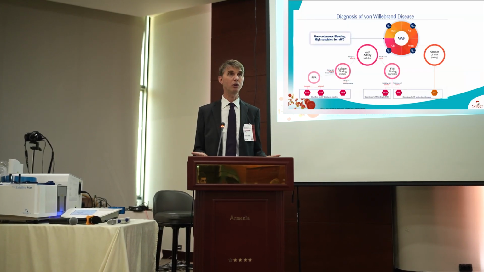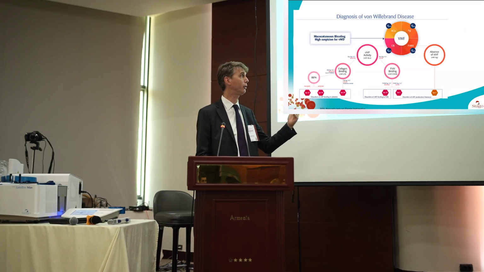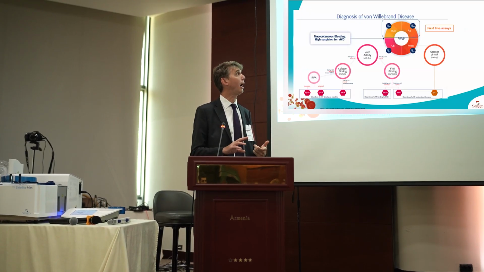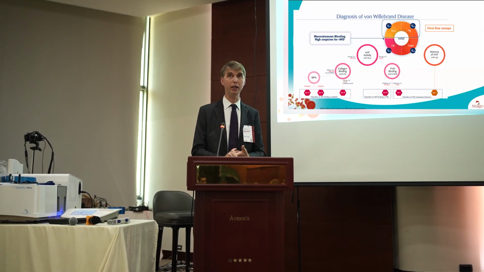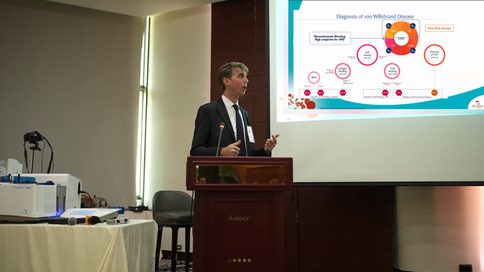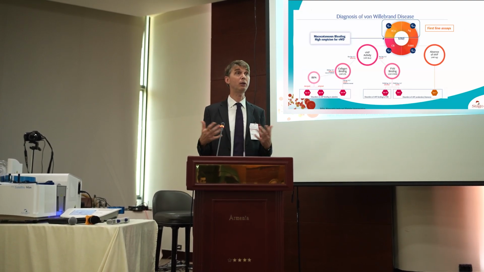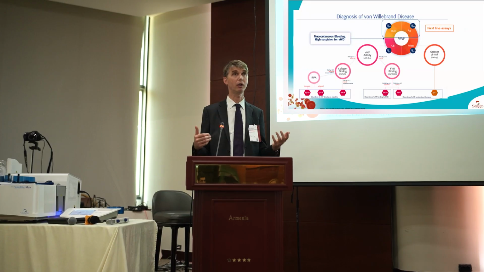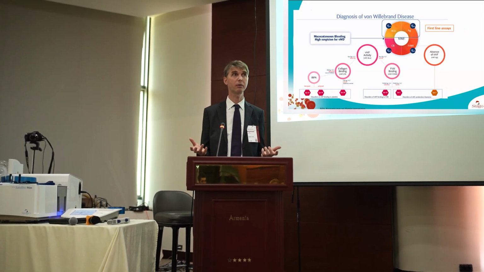To diagnose the von Willebrand disease, you first have to make first-line tests, which are activity tests, RCO, ristocetin cofactor, and antigen, Ag. Activity, RCO, will tell you if it works well. Antigen will give you the quantity.